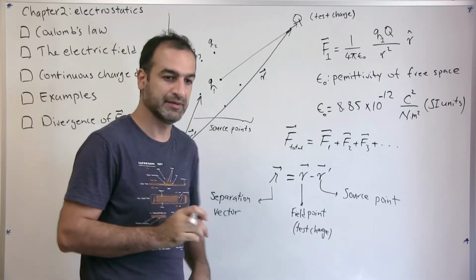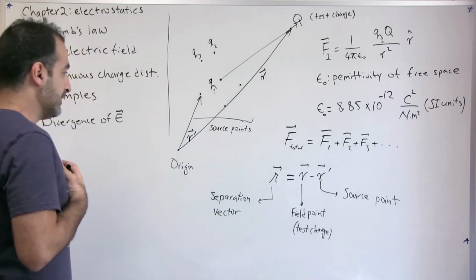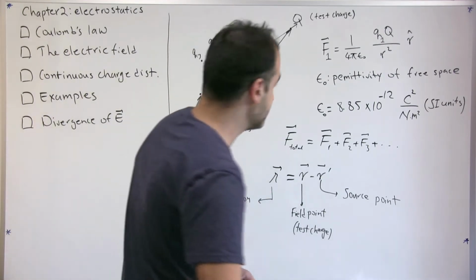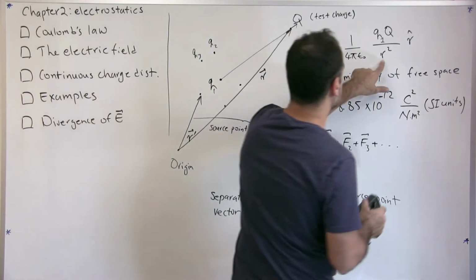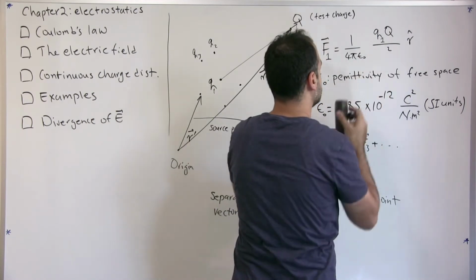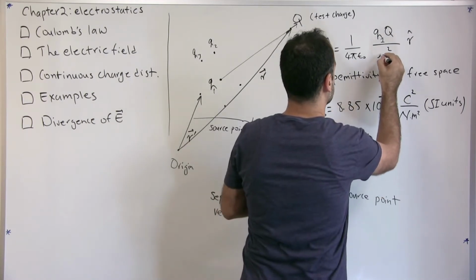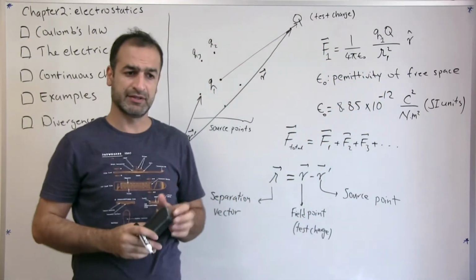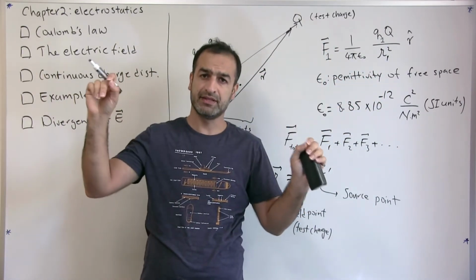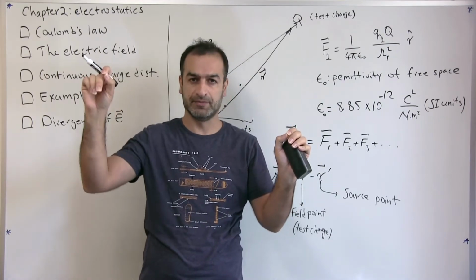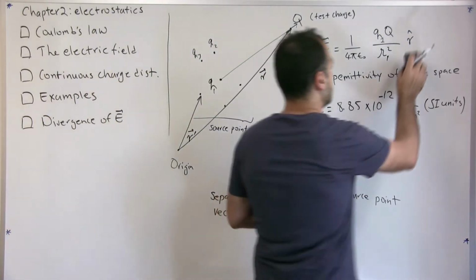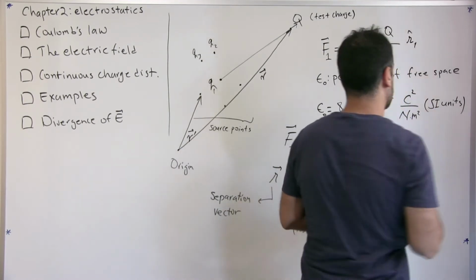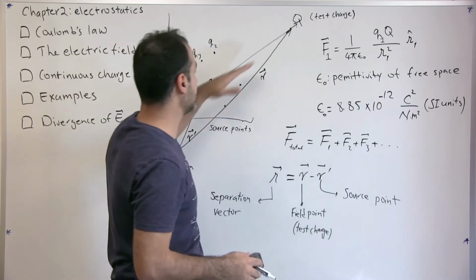Yes, everybody? Okay. So with this notation, I'm going to revise what we have on the top, and here I want to change R with R1 squared. And this is the separation vector, the separation distance between Q1 and Q. And here the R hat is going to be R1 hat, meaning the unit vector in that direction.